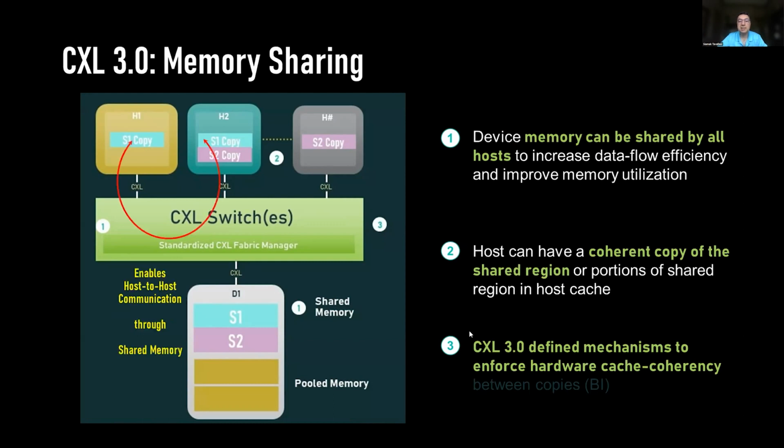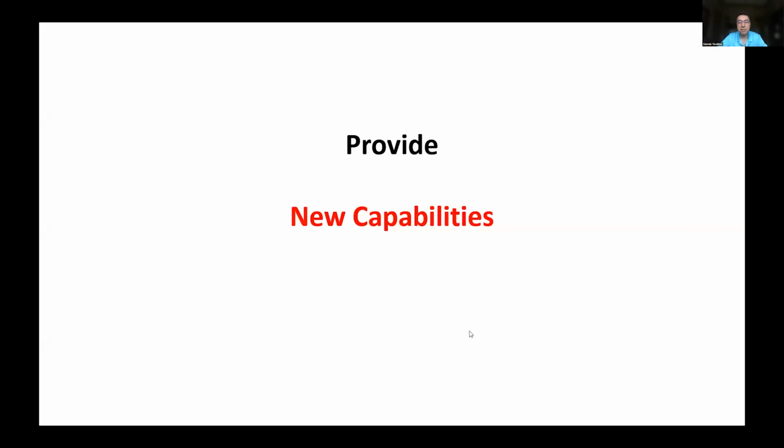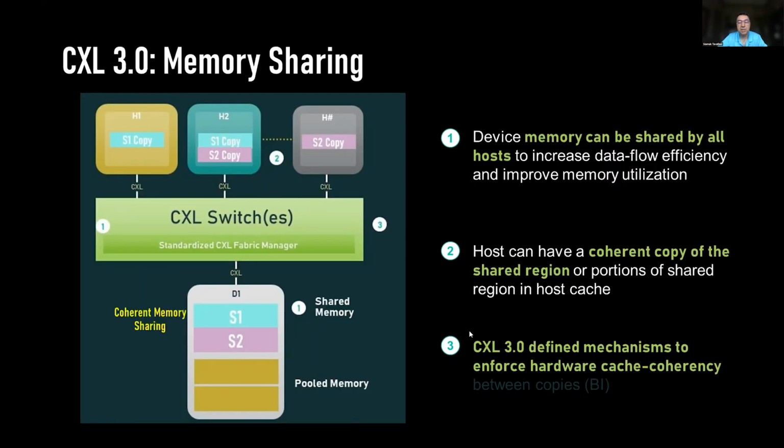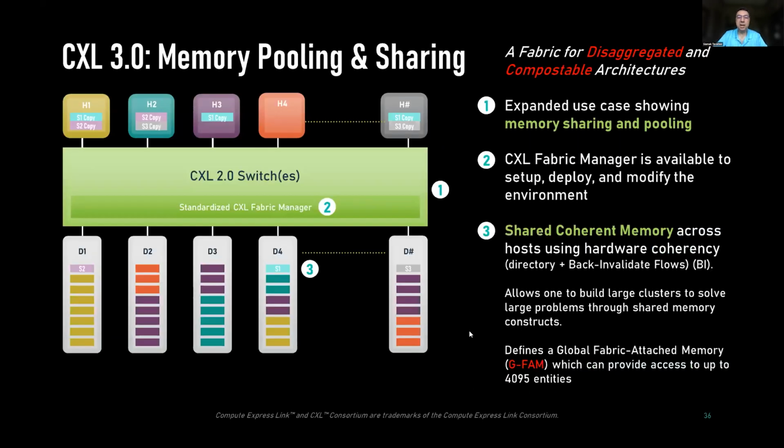And once we do that, different hosts can communicate through the memory that is shared between them. So earlier I talked about communication between devices as peer-to-peer, device-to-device. Now with memory sharing, the hosts can also communicate through shared memory. That's just 3.0. 3.1 adds another capability I will talk about in a minute.